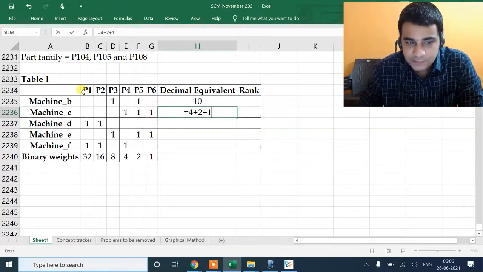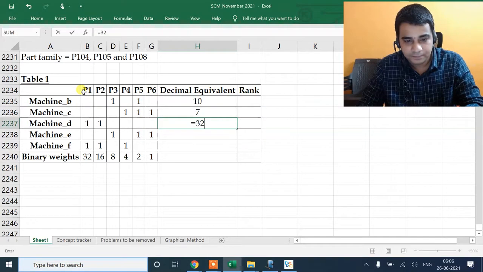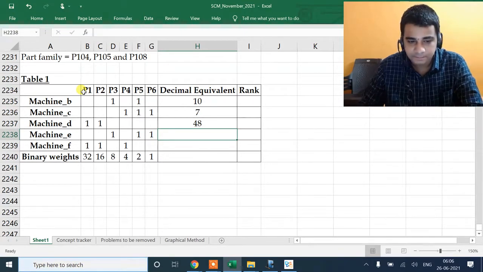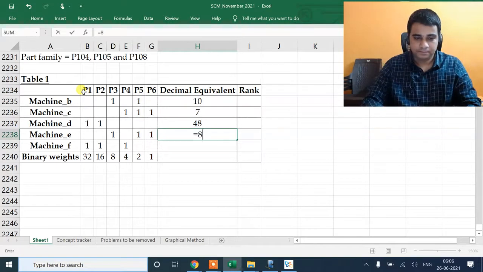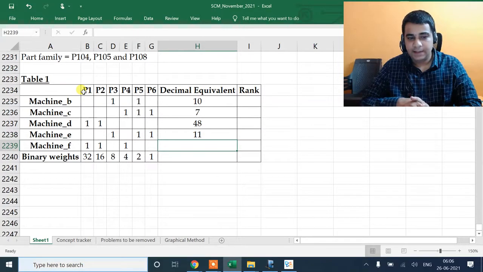The weight of P4 is 4, P5 is 2, P6 is 1. 32 plus 16. 8 plus 2 plus 1.